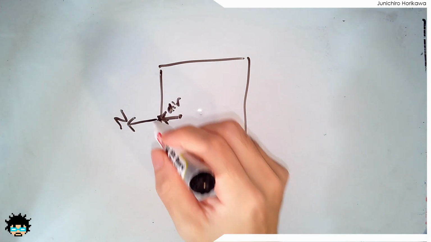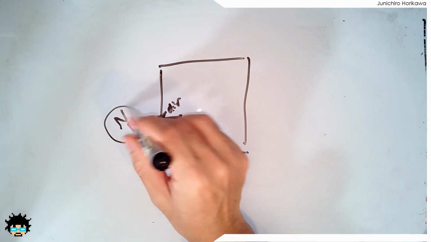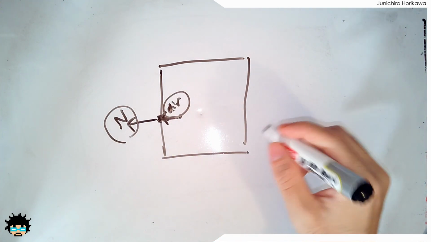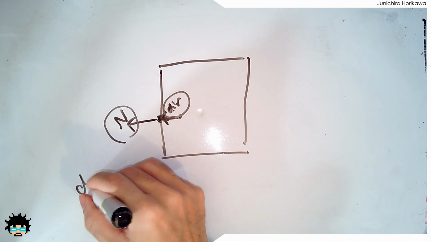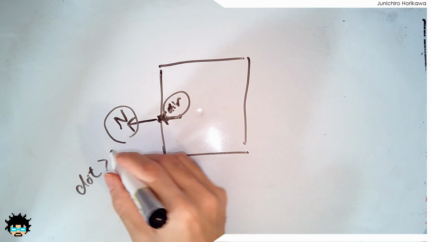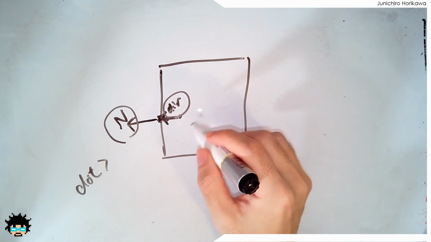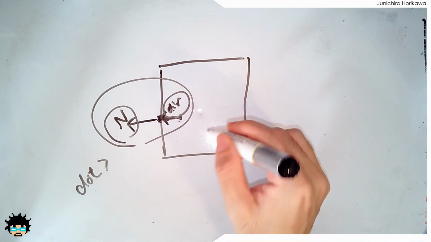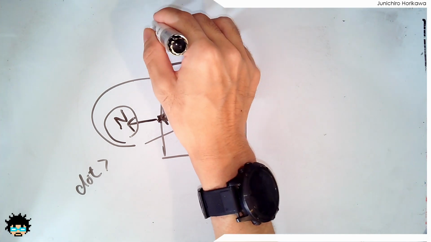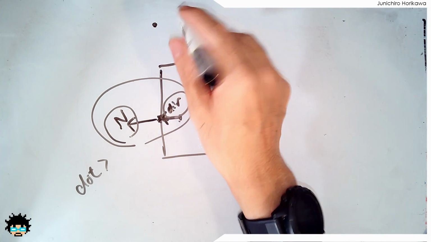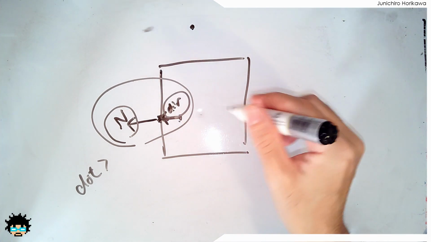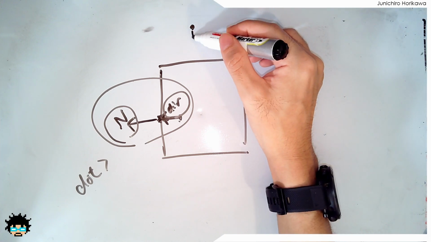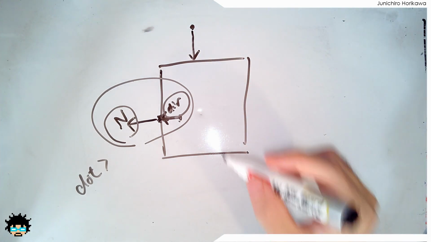And now you can calculate the dot product between this one and this one. And if the dot product is, in this case, positive, then this indicates that the point is inside the box. Now if the point is outside the box like this, or somewhere around here, the projected direction is something like this.